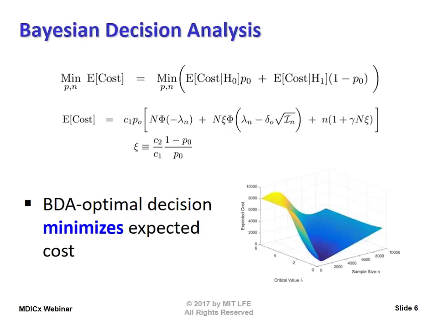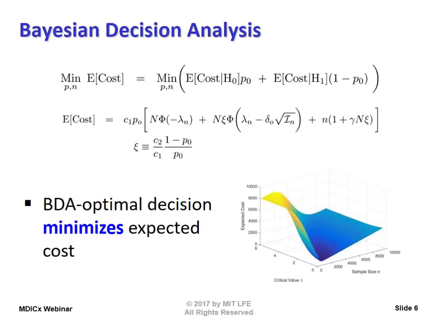Once you make assumptions for what the cost of a type 1 error is, C1, and what the cost of a type 2 error is, C2, you can actually calculate what the appropriate weighting would be to calculate the expected cost that you get across various different choices for your type 1 versus type 2 error.